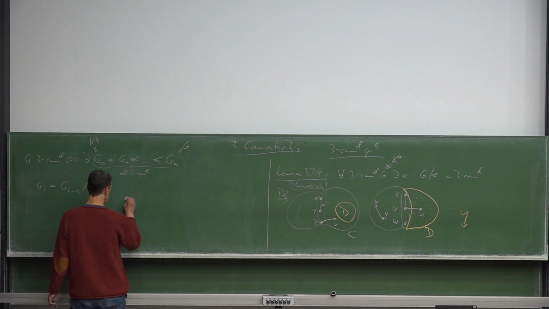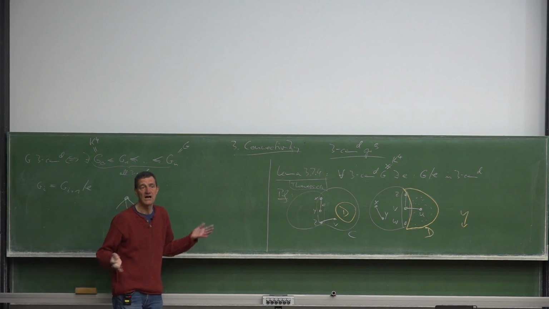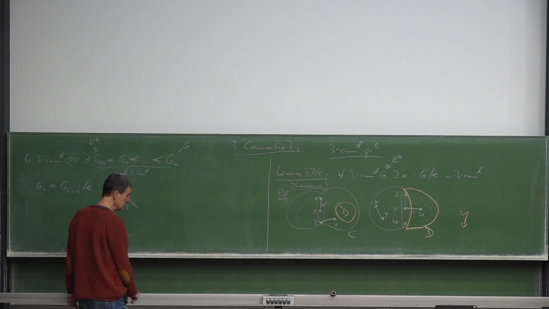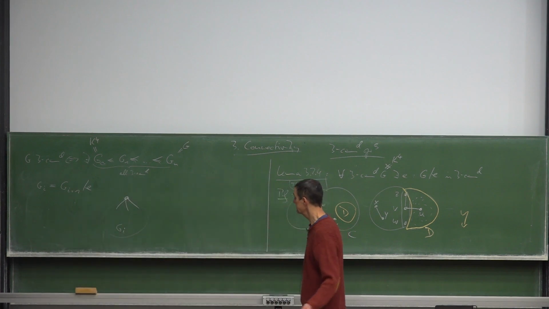So when we have G_i, how do we, what G_i+1s are allowed? Answer, almost any. They're all going to be 3 connected.